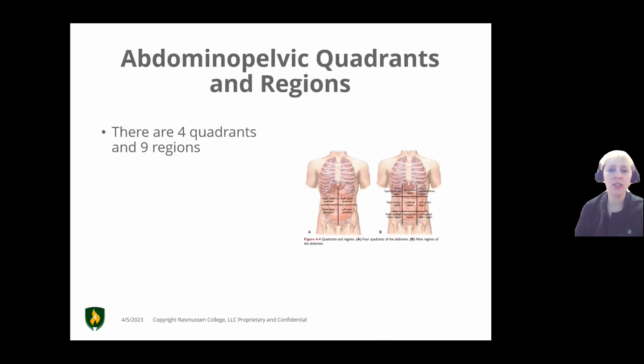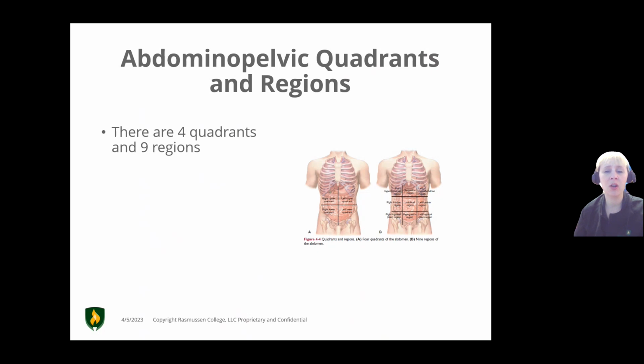Now, one other thing that we do is we will break the abdominal pelvic cavity into quadrants and regions. These are used to describe the location of many abdominal and pelvic organs more easily. The abdominal pelvic cavity will be divided into 4 quadrants with 2 imaginary lines that form a cross at the midsection of the lower torso.